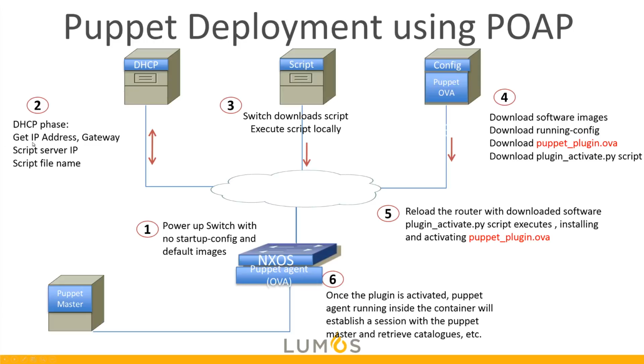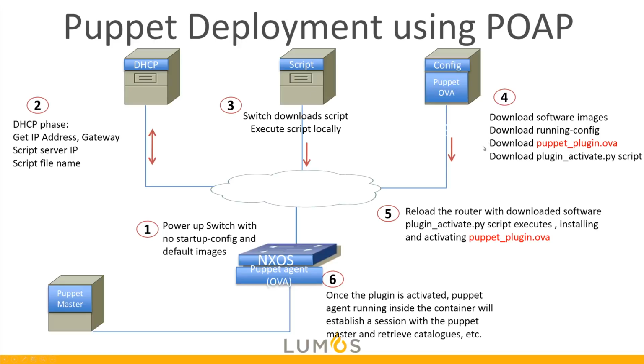It's going to get its IP address, its gateway, script server IP, and the script file name. At this point, we're going to grab from a TFTP server the script, which will execute locally on the NXOS switch. From there, we would have our Puppet OVA somewhere, and we can download this software image from wherever the script essentially tells it to pull from.